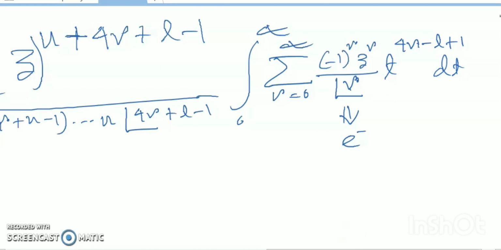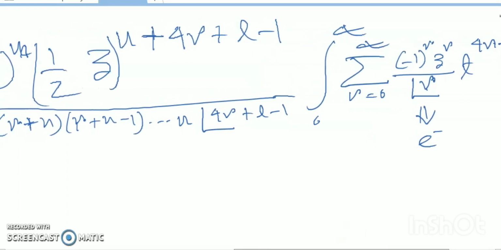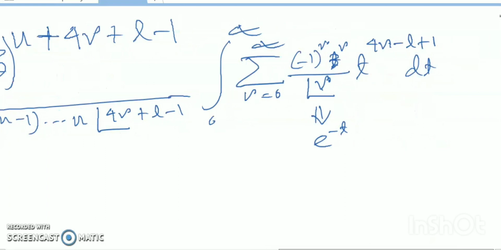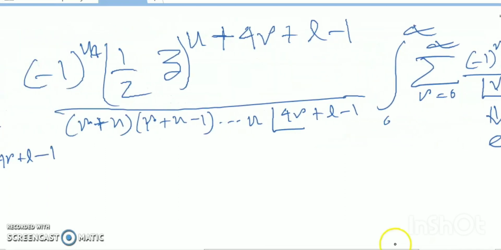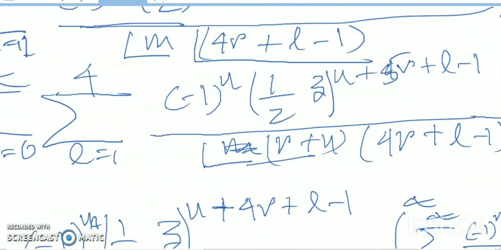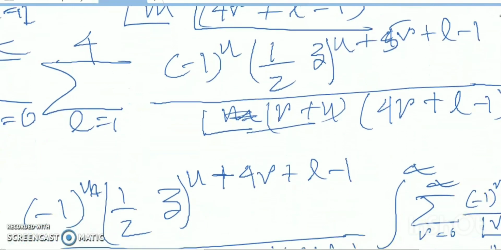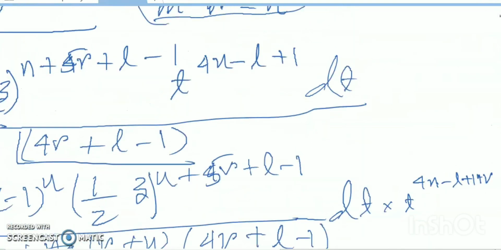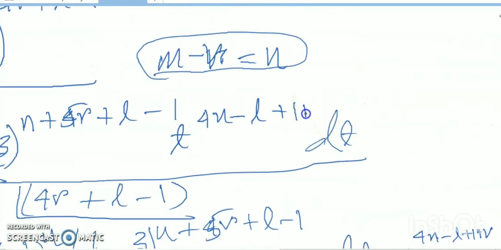Okay, another factor is missing in here, n plus 4r. It is t to the power r, e to the power minus t. R is missing in here.